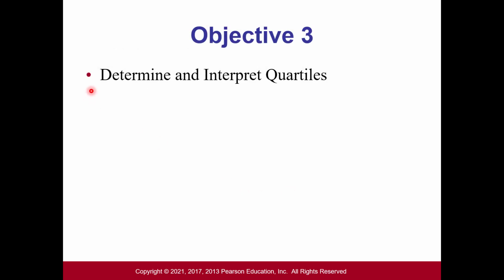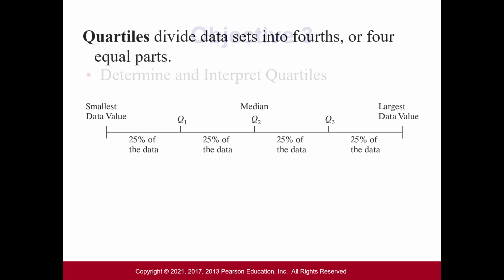Next, we're going to determine and interpret quartiles. So quartiles are one of the most common percentiles, and it divides our data set into 4 parts, or quarters. And so we have quartile 1, quartile 2, which is the median, quartile 3, and notice that that does divide our data set into 4 parts.